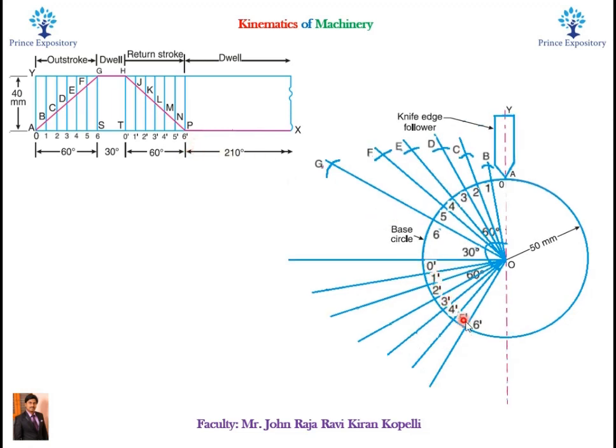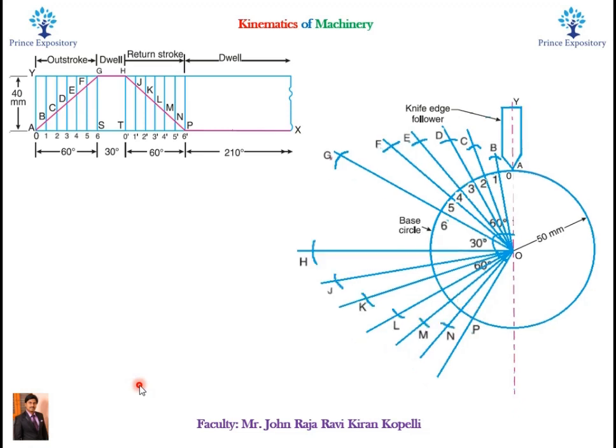After numbering, similar to the outstroke, we have to locate the remaining alphabets from the numerals. 0 dash to H is the distance, 1 dash to J, 2 dash to K, 3 dash to L, 4 dash to M, 5 dash to N, and 6 dash and P are the same point. So cut an arc and indicate the alphabets.